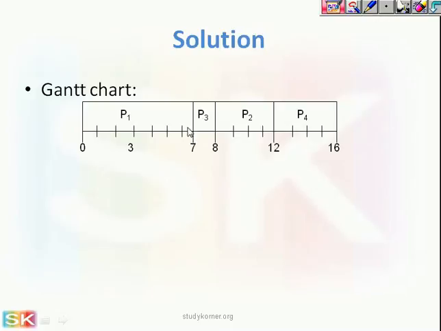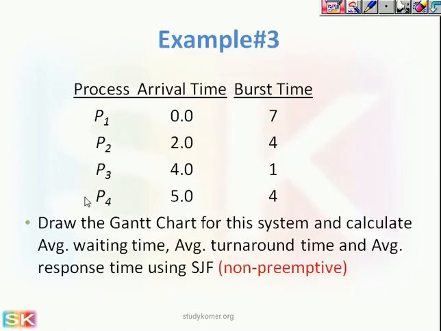P3 will be executed for 1 second, and at time 8 you will be having P2 and P4 with you, since P3 is completed, right? So at 8 seconds P2 and P4 are there, and both of them are having the same burst time.